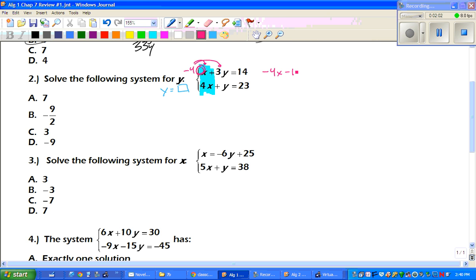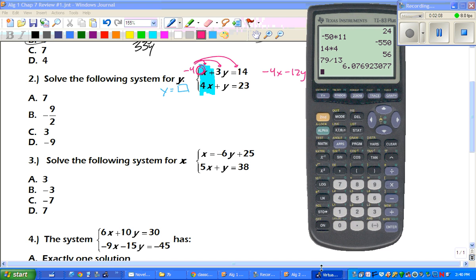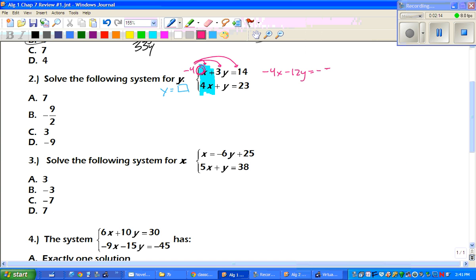Negative 4 times 3 is negative 12y. And 14 times 4, remember that's a negative 4, so that's negative 56. And now the second equation stays the same because we didn't do anything to it. So let's go ahead and add these up.